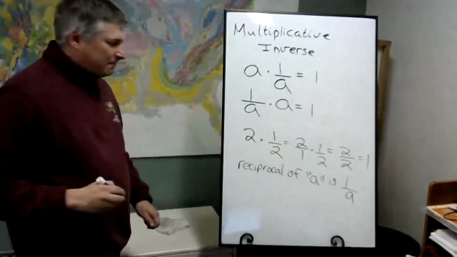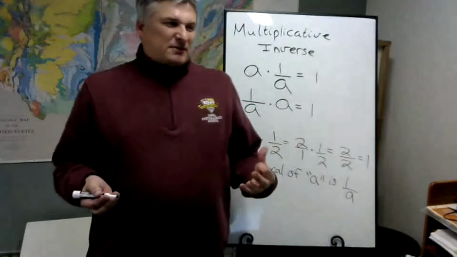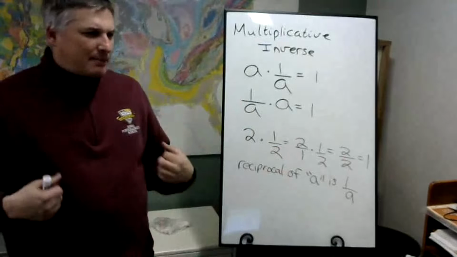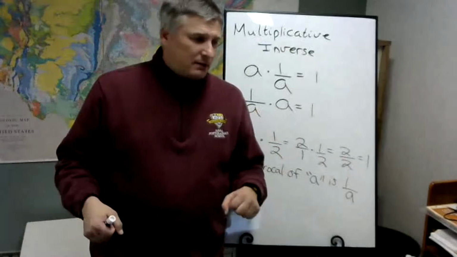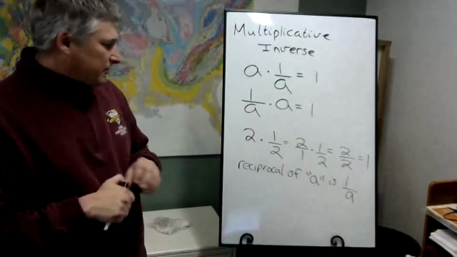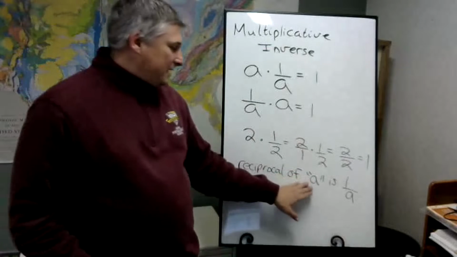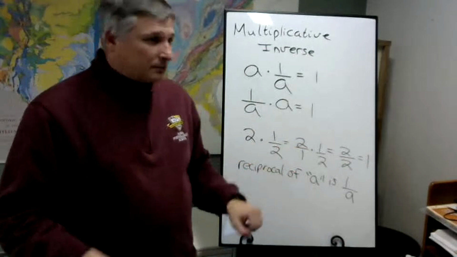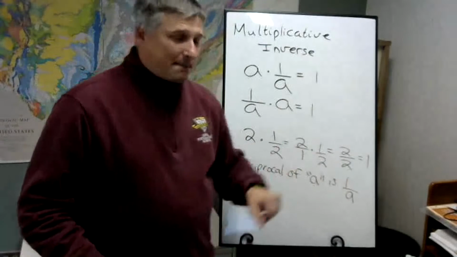It's 1 over a. We can think of reciprocals as kind of like opposite numbers, where you have a positive and the opposite of the positive is the negative. The opposite of the negative is the positive. So for multiplication, if you have a, the sort of opposite, though we don't use that word, is 1 over a.